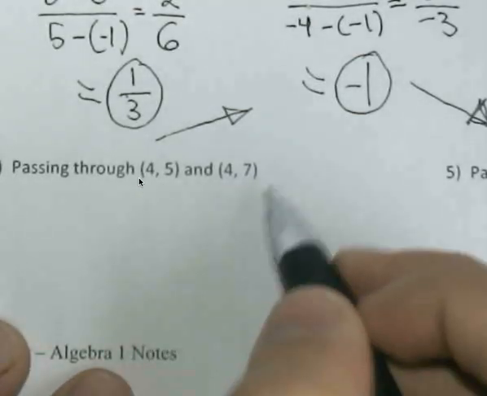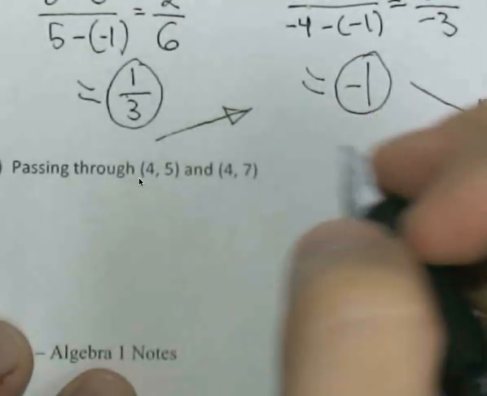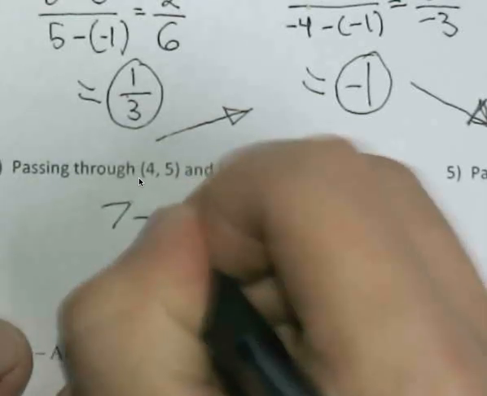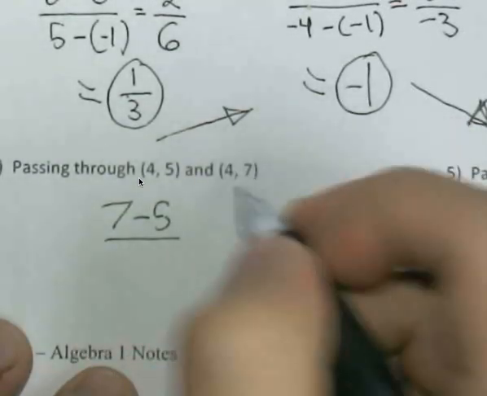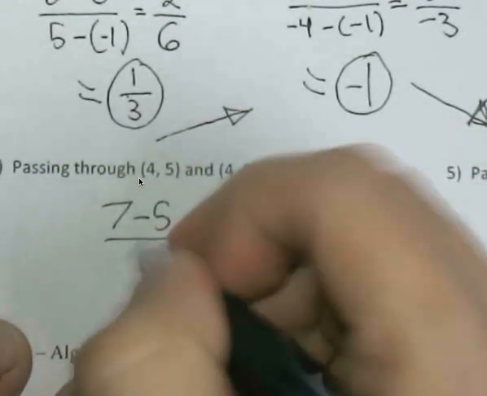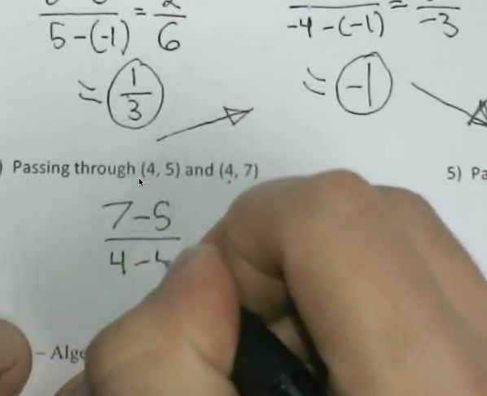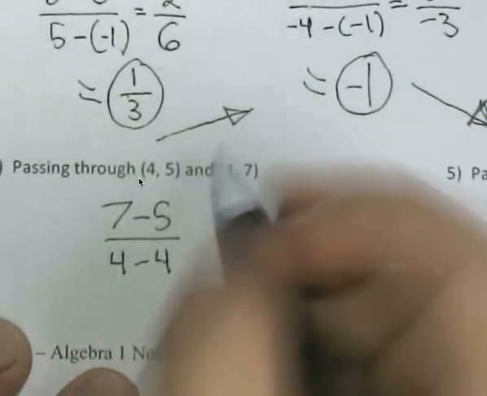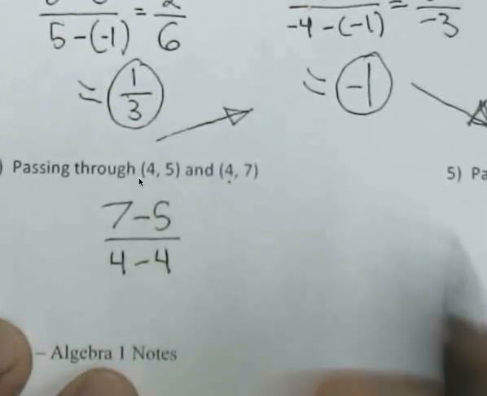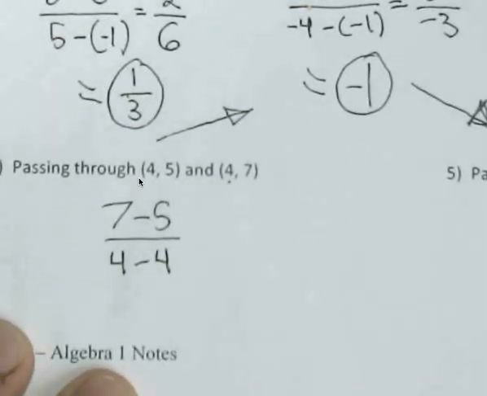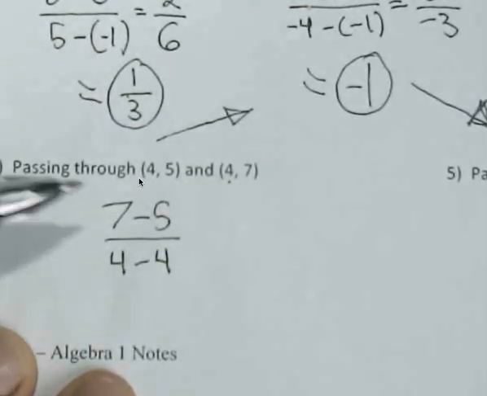So with these 2 points seen here, taking the same kind of song and dance, we'll do 7 minus 5. And then in the denominator, 4 minus 4. But notice, what's interesting about this problem? What repeats? Or what's going to happen with this arithmetic?